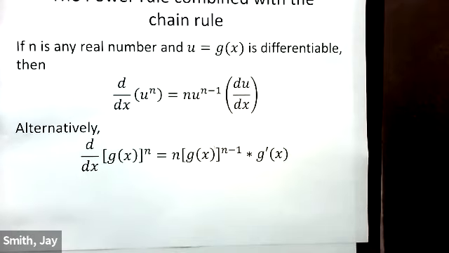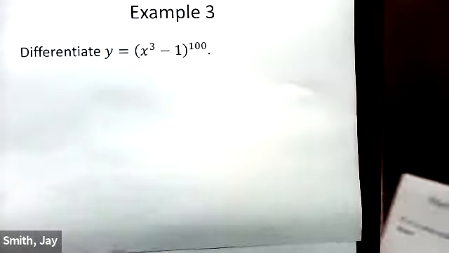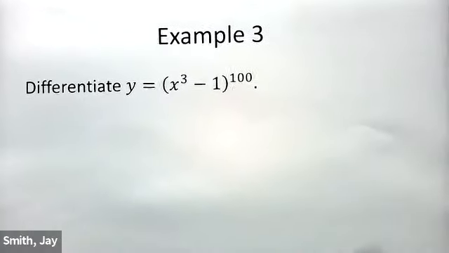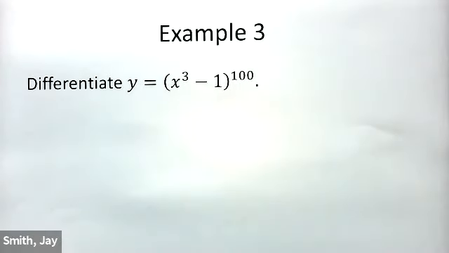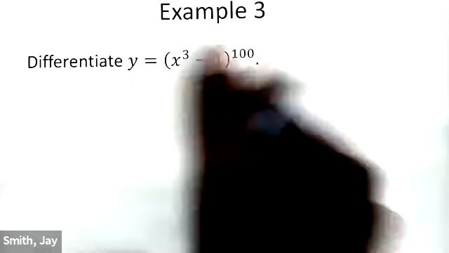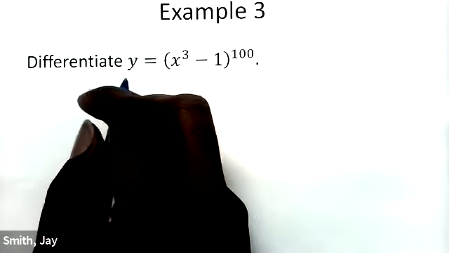All right, so example 3, more chain rule problems this time. We're asked to differentiate y, which is equal to x cubed minus 1, that entire quantity, raised to the 100th power. Now, to get us reintroduced to that notation, and hopefully this is starting to make a little more sense, for the chain rule in this application, I'm going to start using some of that Leibniz notation and showing how we use that shorthand definition to apply the chain rule.